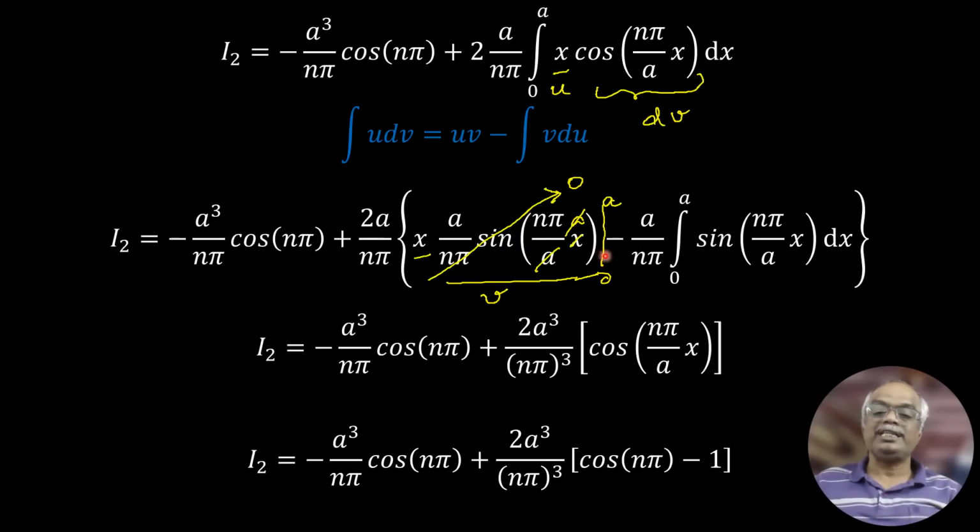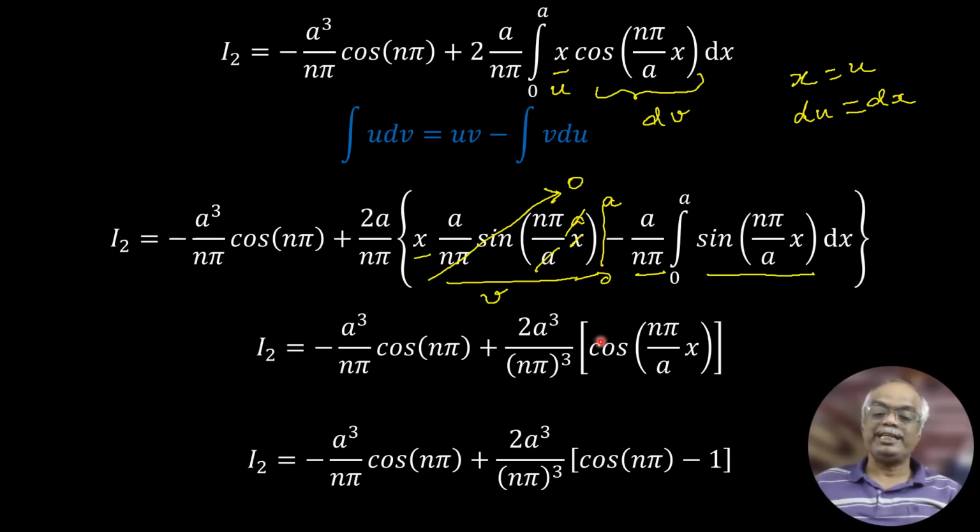Then take the next case, minus integral of v du. Here v is a divided by n pi sin n pi by a x dx, because du is, we have taken x as u, then du is dx. So no problem, we got this one.